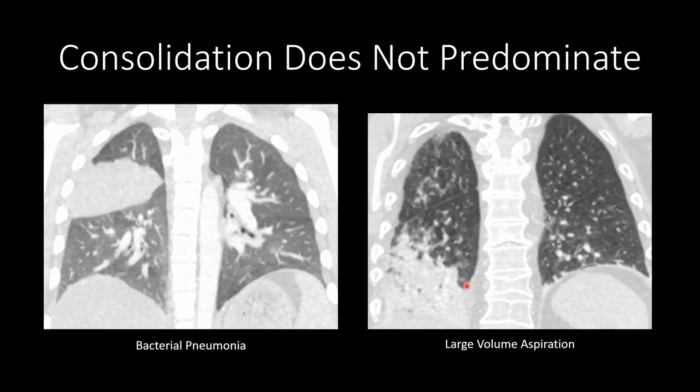Here we have a case of a patient with dysphagia who presented after large volume aspiration and respiratory distress. We can see that consolidation is the predominant pattern. We may have some patchy areas of ground glass opacification, but consolidation is the predominant pattern. And consolidation is not the predominant pattern in organizing pneumonia.